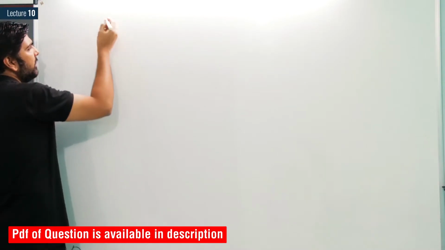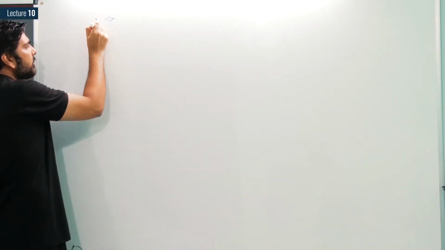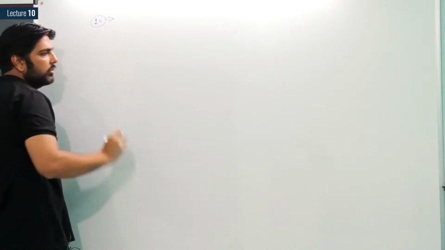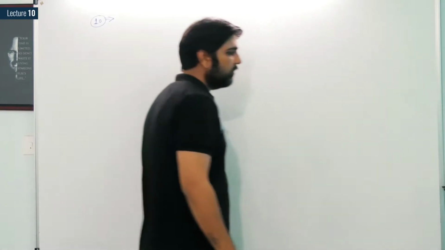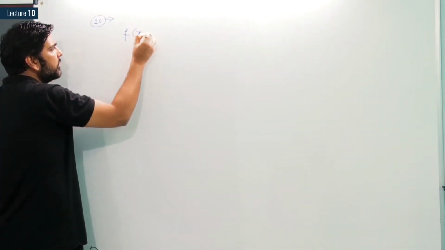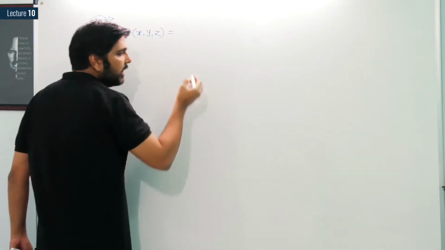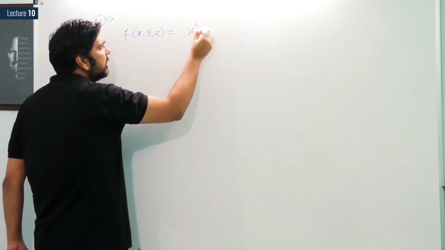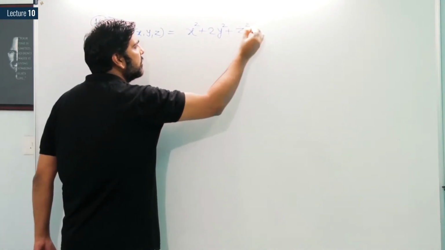Before going to that, I am just having the example, question number 10, which is nothing but our good question which was asked in GATE 2008. The directional derivative for f(x, y, z). So we have a scalar point function because directional derivative is only valid for the scalar point function, and I am having x square plus 2y square plus z square.